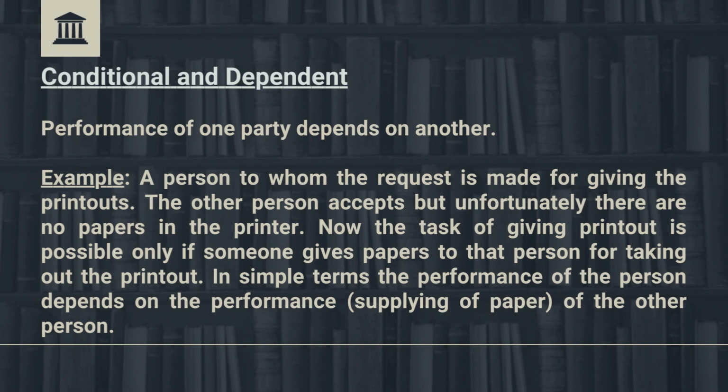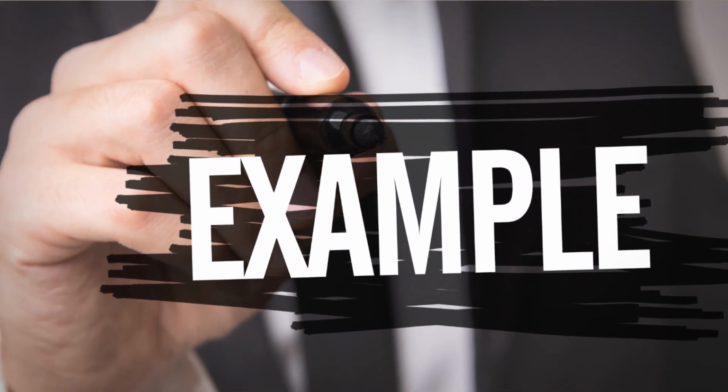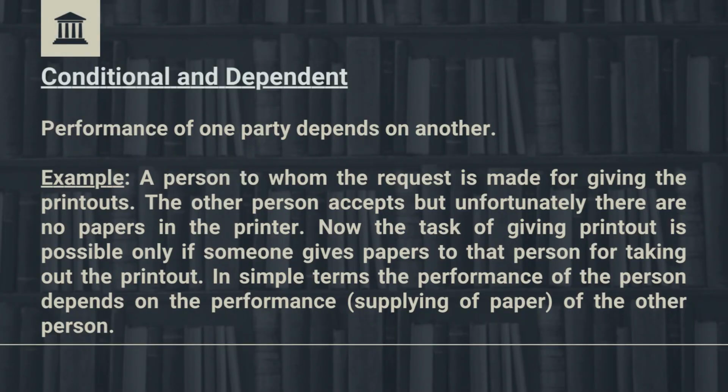Then comes conditional and dependent reciprocal promises. It means performance of one party depends upon the performance of another party. Let us assume that there is a person beside me to whom I have requested to give me the printouts.